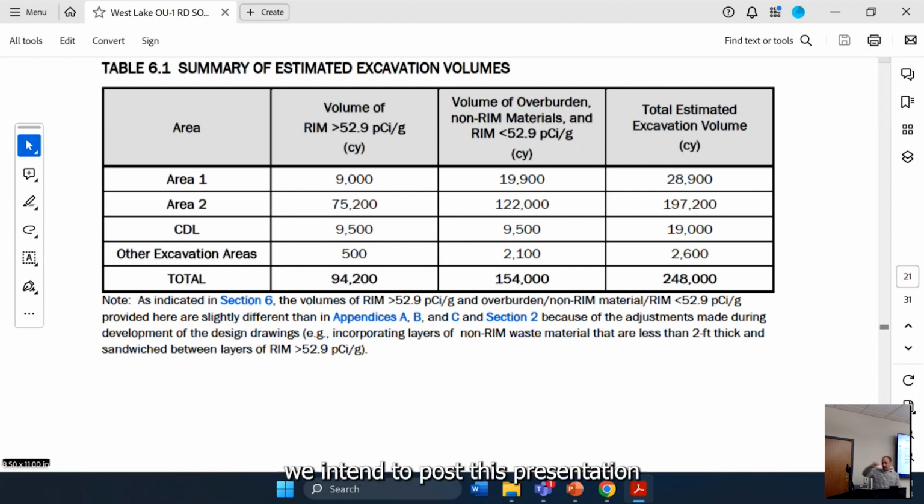Because I know we intend to post this presentation, we don't have time to go through the full OU2 update, but let me say a couple of top-line things. Landfill gas is the thing we've been watching very closely at OU2, migration of methane along the western side of the ISL.